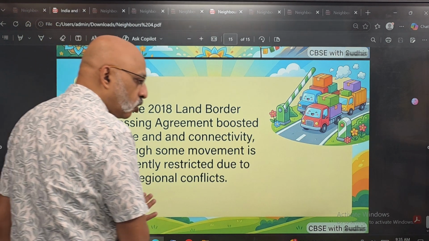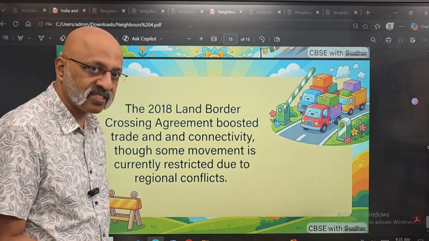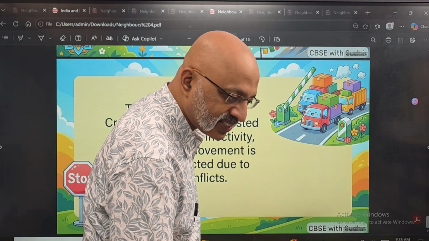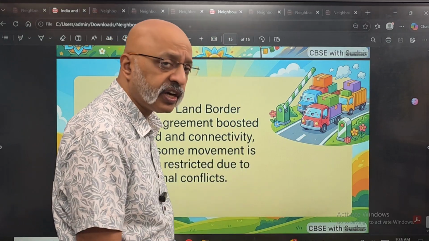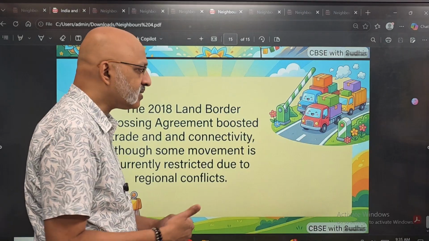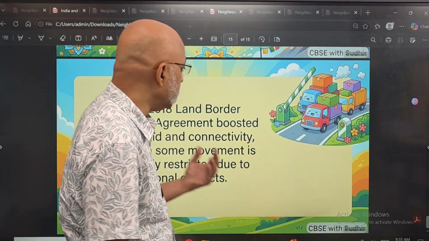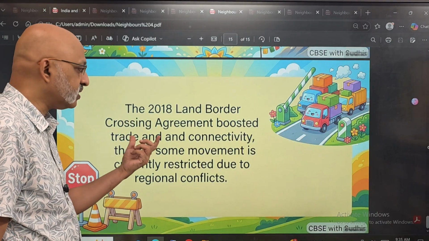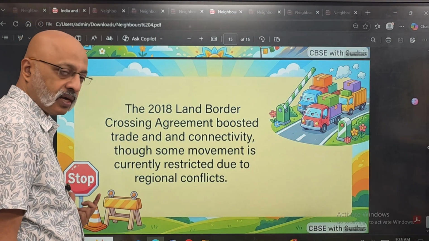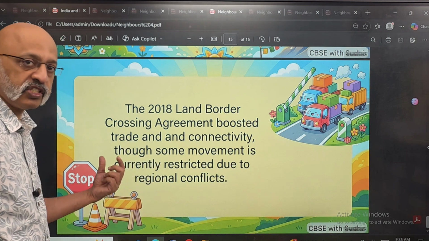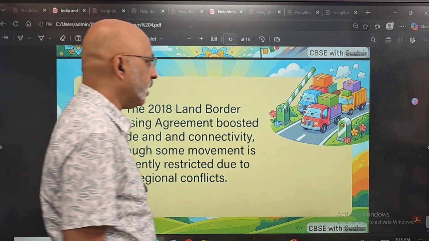Because there is also a feeling that some kind of trouble is trying to be created in the northeastern part of India, especially states like Nagaland, Arunachal, through infiltration from Myanmar. India is now a little more vigilant with allowing people to move freely. So the land border agreement stands, but there are some restrictions which have been put in place now, right? So that is again something which is dictating our present day relations with Myanmar.